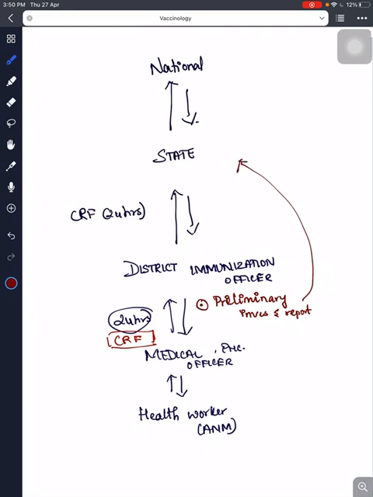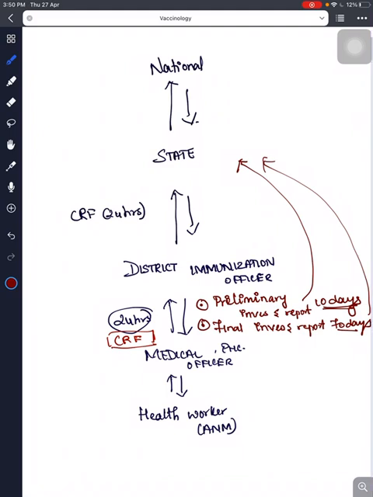So they will prepare a preliminary investigation and report, and it will be submitted to the state level officer within 10 days. This is preliminary. Okay, and the final report.